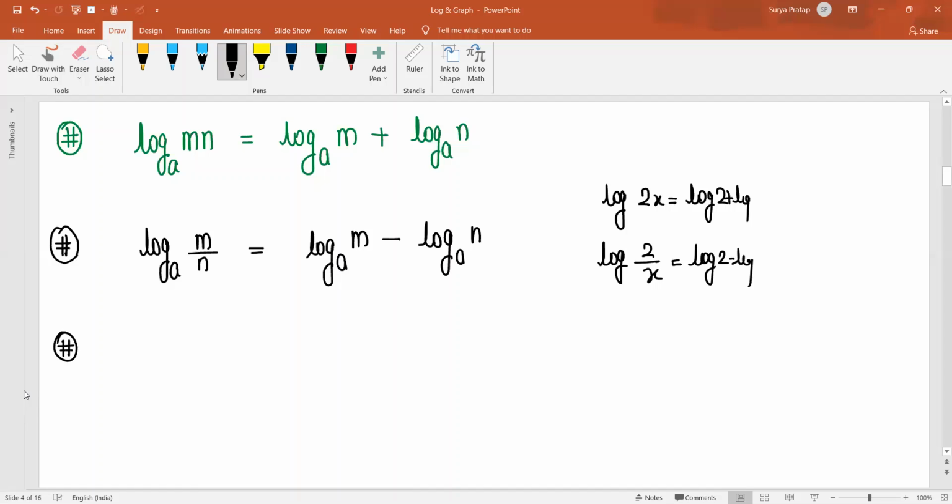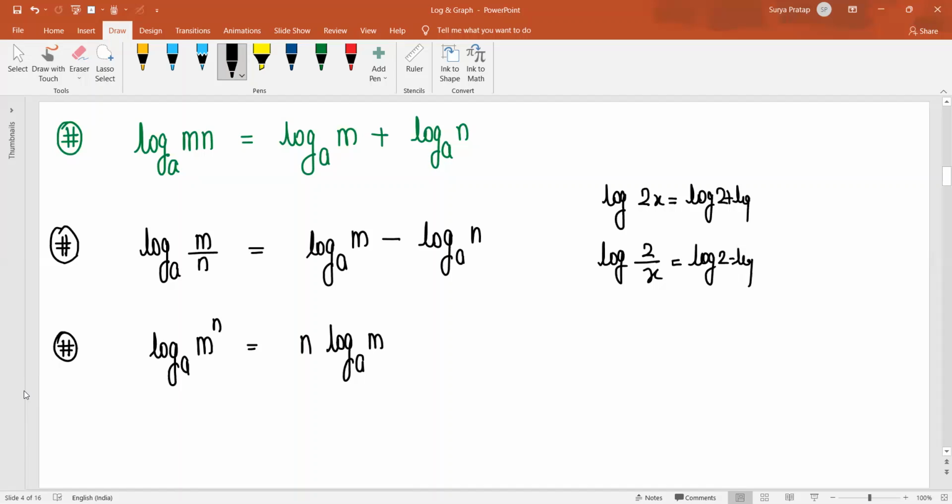Now, the third formula: log base a of m to the power n. If anything is in the form of a power, this can be written as n times log base a of m, with the same base.